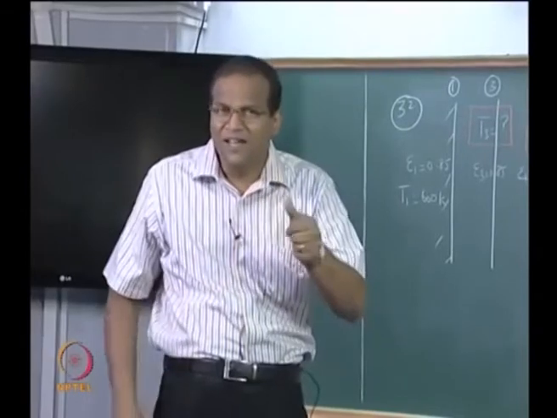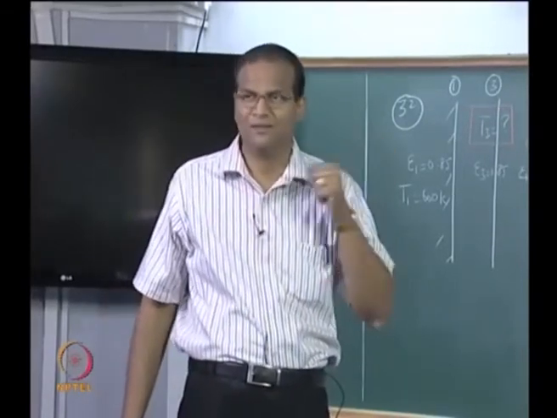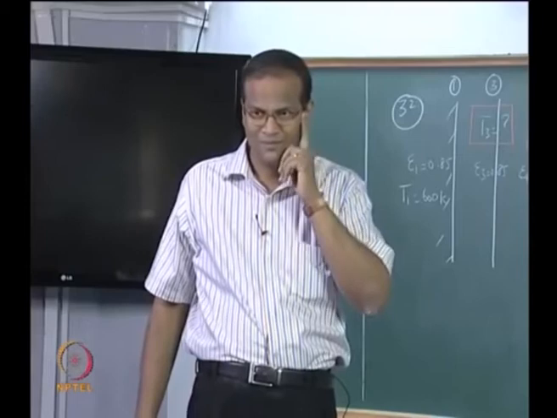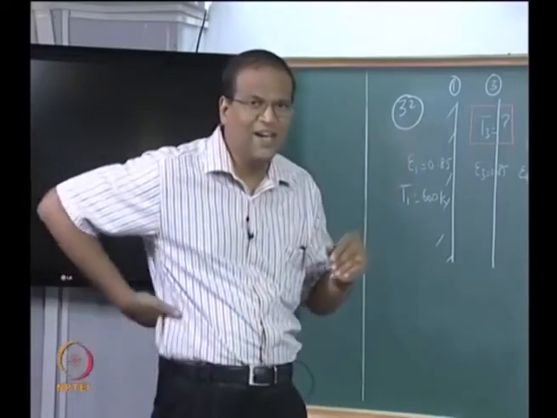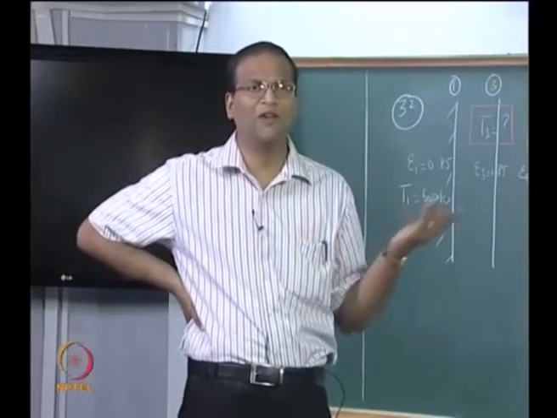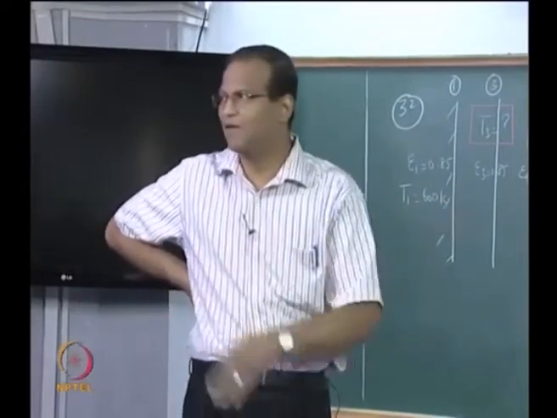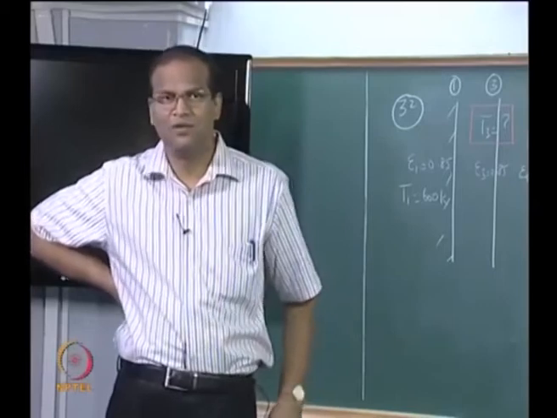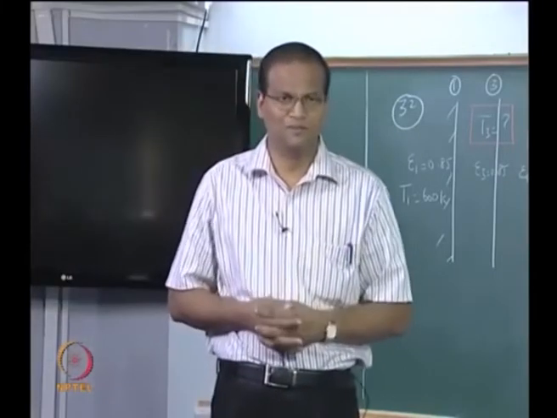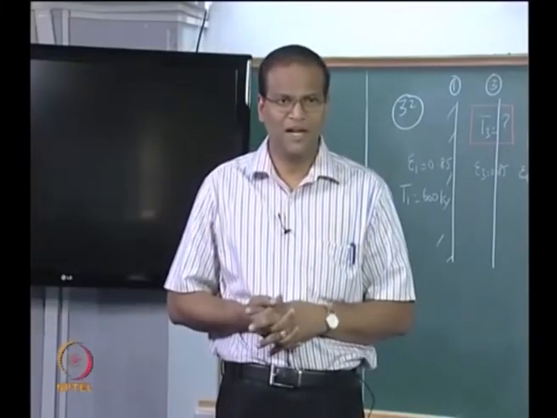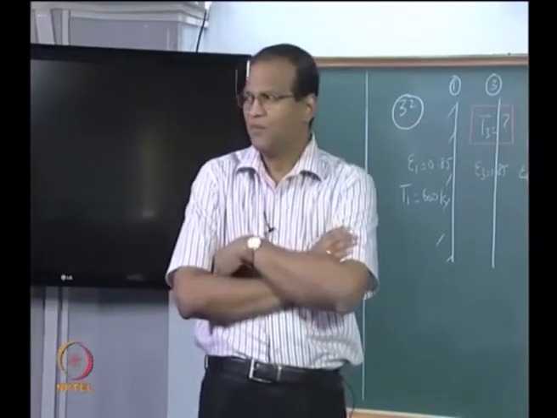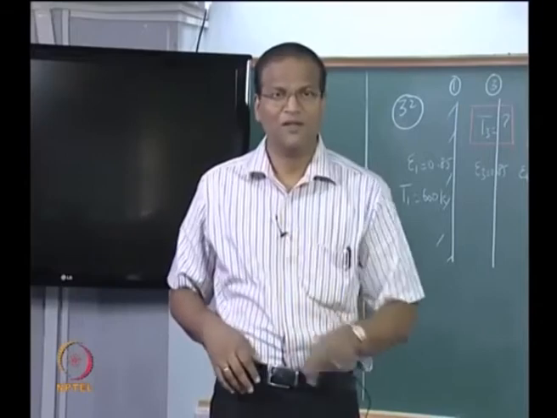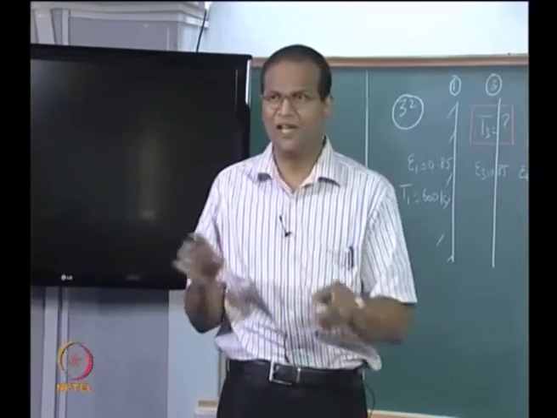In fact, a re-radiating surface will also behave like this. Are the two shields re-radiating surfaces? Yes, whatever heat they receive from the left side, they give it to the right side. So the Q net from that surface is 0, correct. Q net is whatever is going from right minus whatever is going from left. Whatever is coming from the left is positive, whatever is going from the right is negative, so they cancel out.